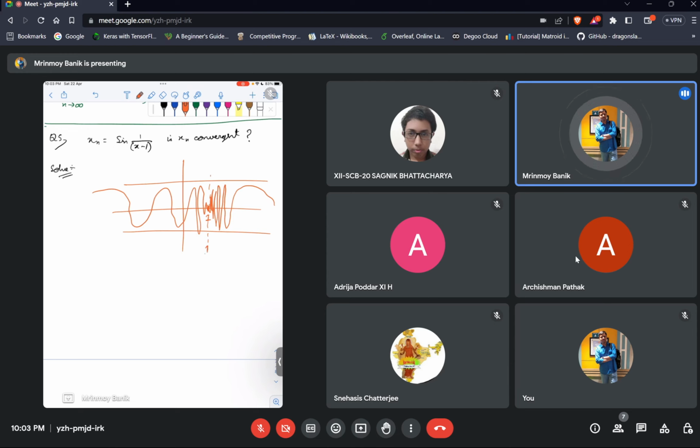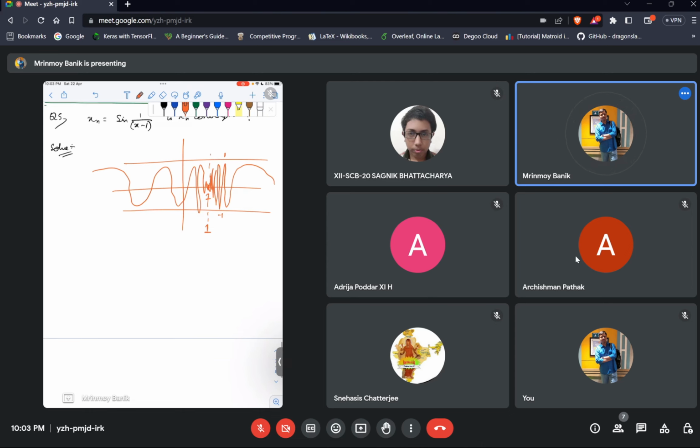So at x equals 1, this will have infinite order fluctuations between 1 and minus 1. It will be very large, very quickly. And as you go away towards infinity from 1, it will almost be equal to 0, and sine 0 is 0, so it will almost merge with the x-axis.